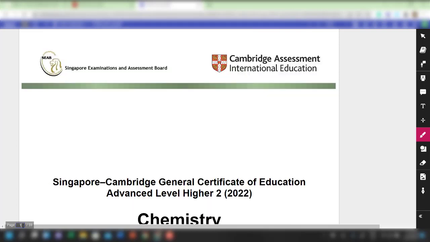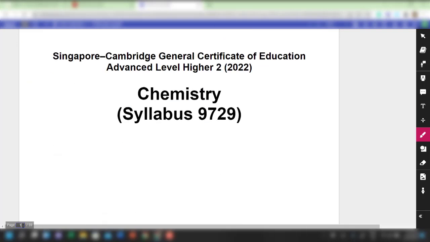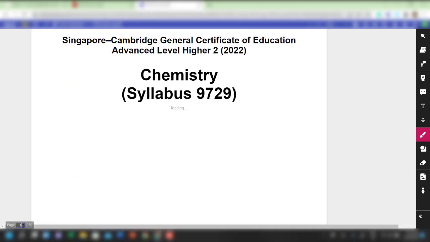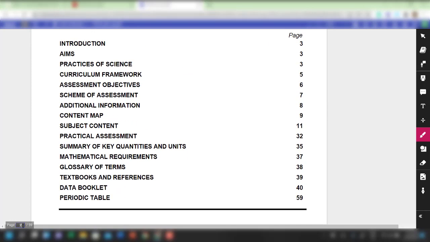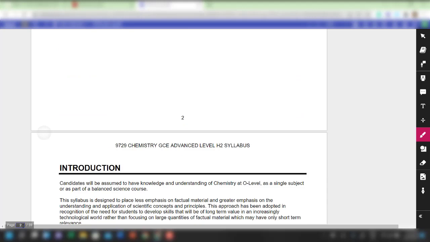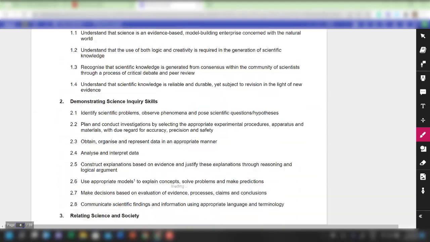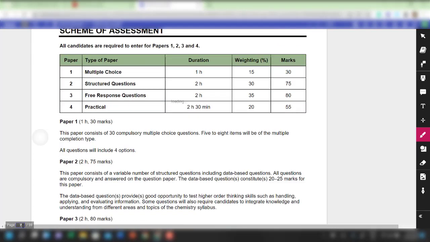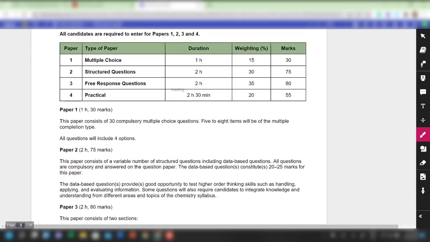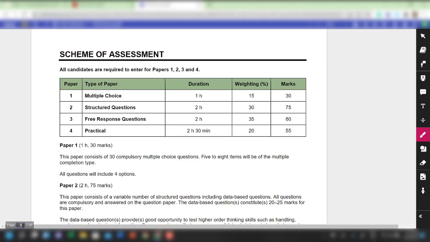In case you are curious about the syllabus which you are going to sit for, you can just download this document and look through everything. It gives you a lot of details on the H2 curriculum, such as the curriculum framework and assessment objectives. When you go into the syllabus, you can also look at the scheme of assessment.